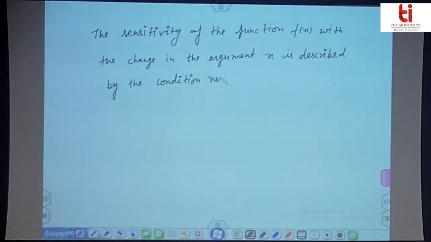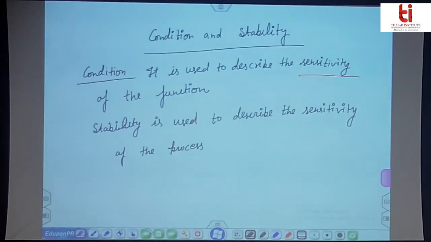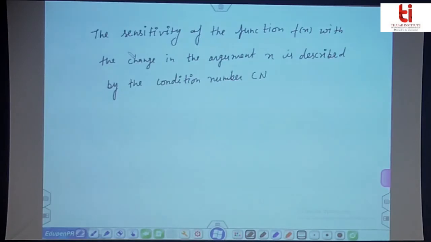Condition number Cn. So I told you, condition is what? It is used to describe the sensitivity of the function. How much a function is sensitive toward a number. So the sensitivity of the function affects with the change in argument x is described by the condition number Cn.